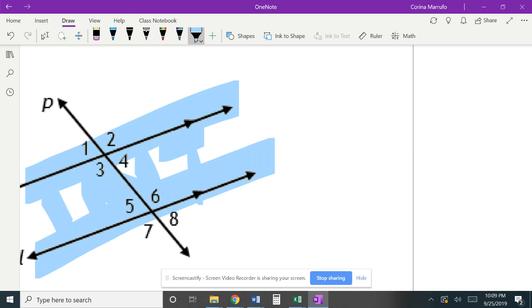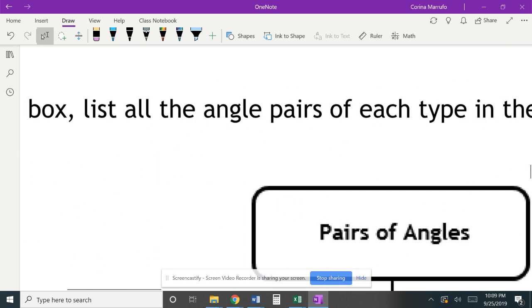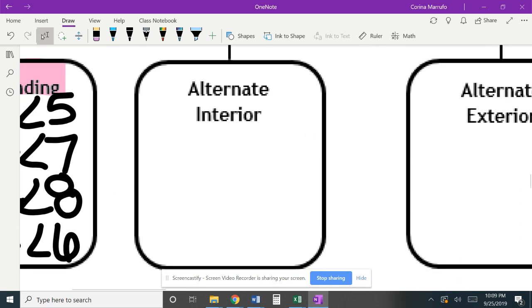That's inside these two parallel lines. So I do not want you to give me angle 1 and 2 because those are not inside the parallel lines. I do not want 7 and 8 because those are not on the inside of the parallel lines. So the ones that are inside are angle 3, 5, 6, and 4. The one that is on an alternate side, on the opposite side of the transversal, is angle 6. So angle 3 and angle 6 are alternate interior angles.